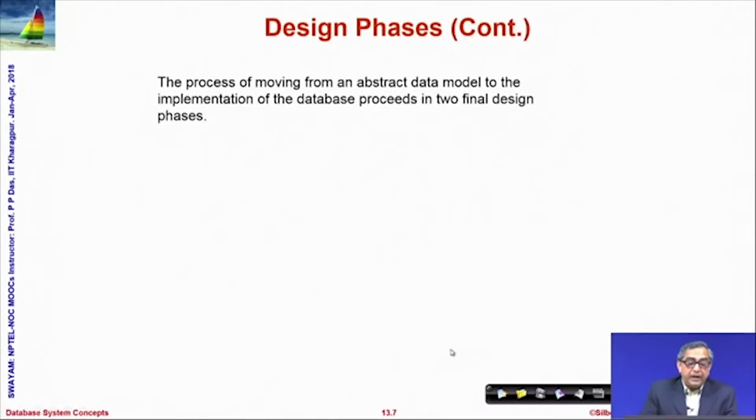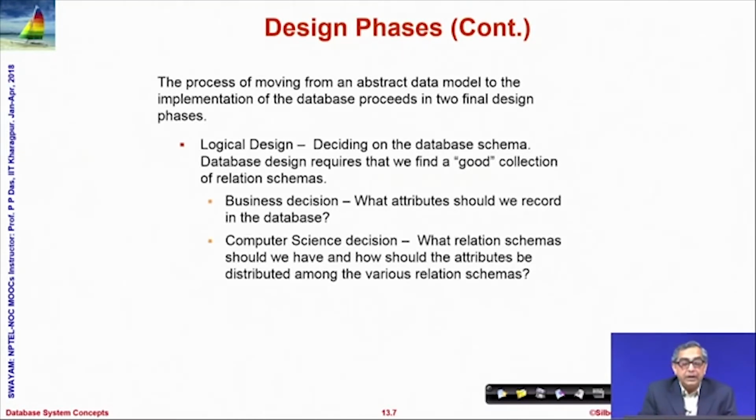Now, once we have that kind of conceptual model, that more abstract data model, we will go to the next phase of the design, which is finding out a more concrete design through a process of logical design. In the process of logical design, we will first decide on the database schema.